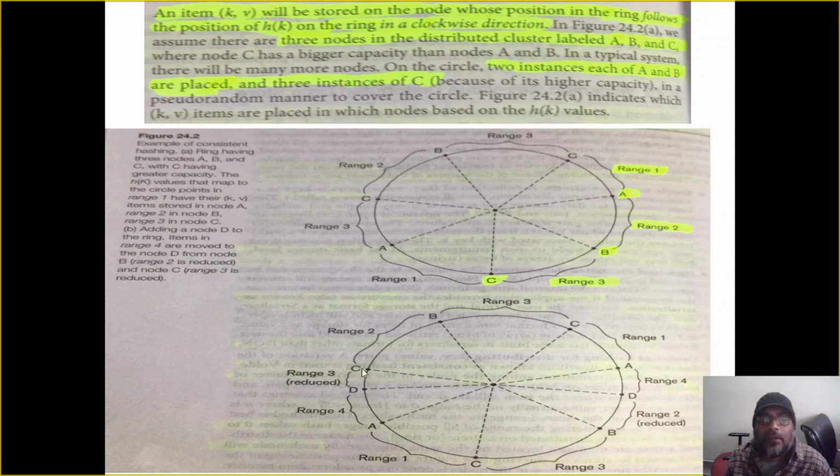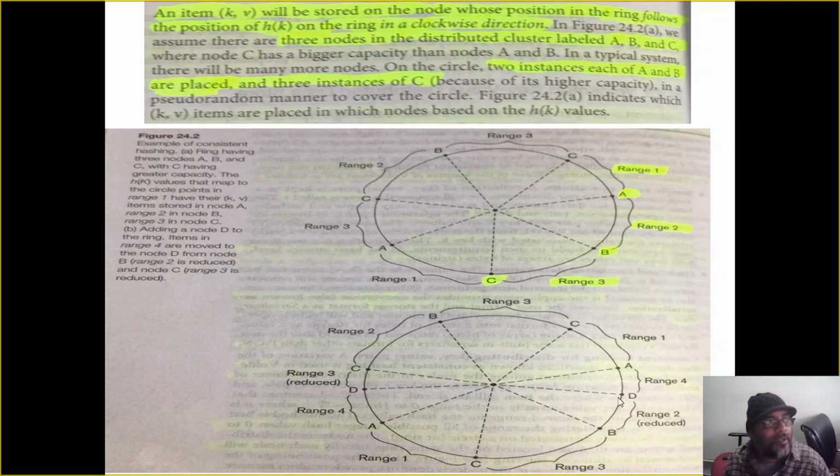So this item range C reduced, and it is written here C. The item will be moved only if we move anti-clockwise. Okay. Similarly here, this B item will be moved to D if we make the rule anti-clockwise. Okay.